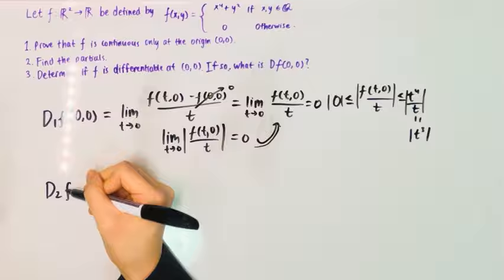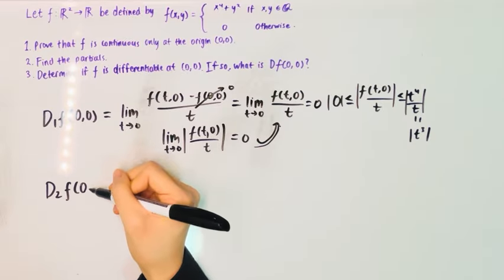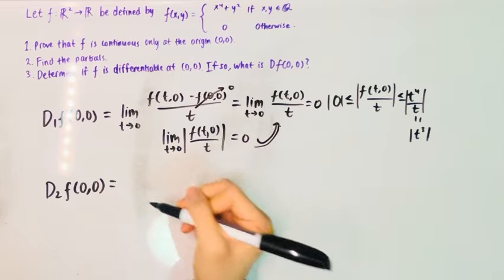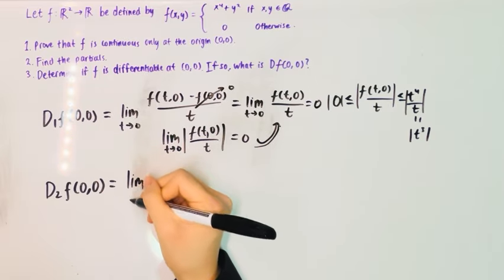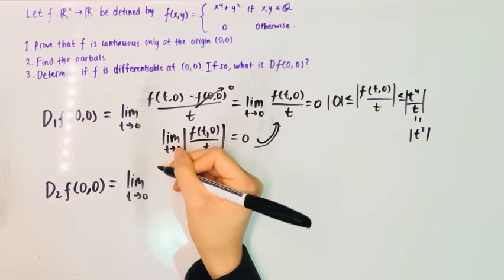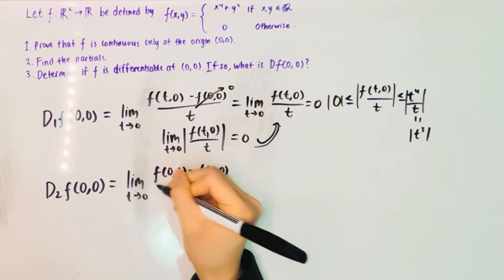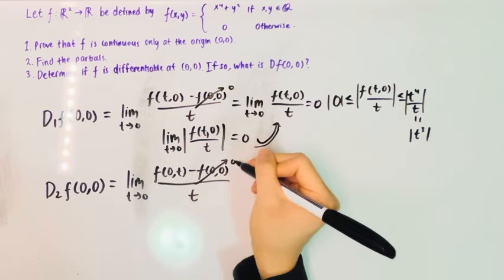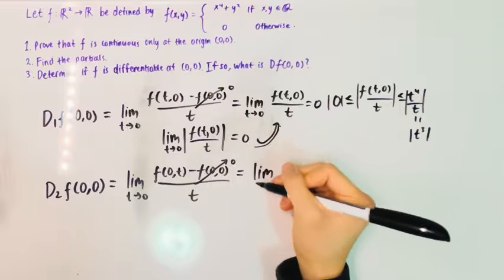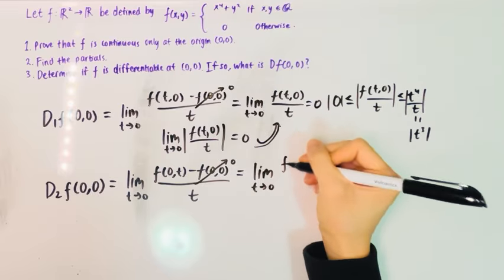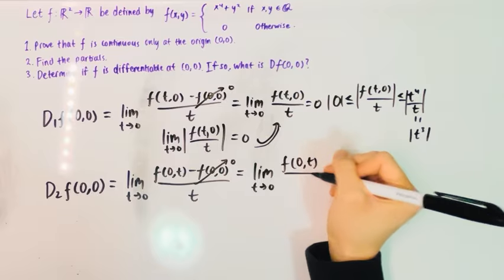Similarly, for the partial derivative with respect to y, we see it's equal to the limit as t goes to 0 of f(0, t) over t.